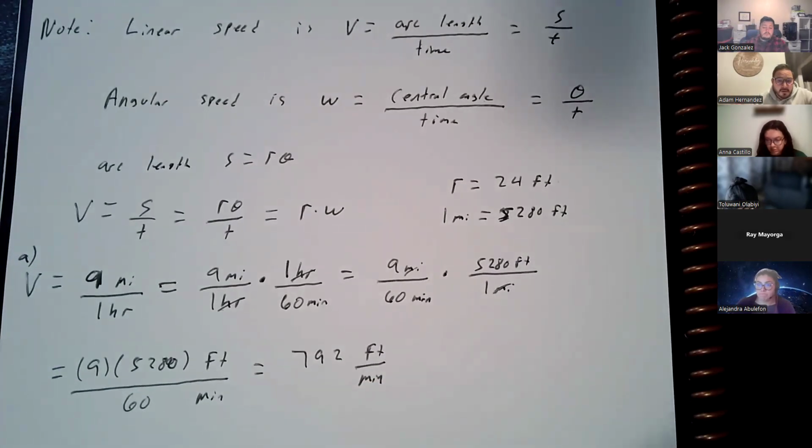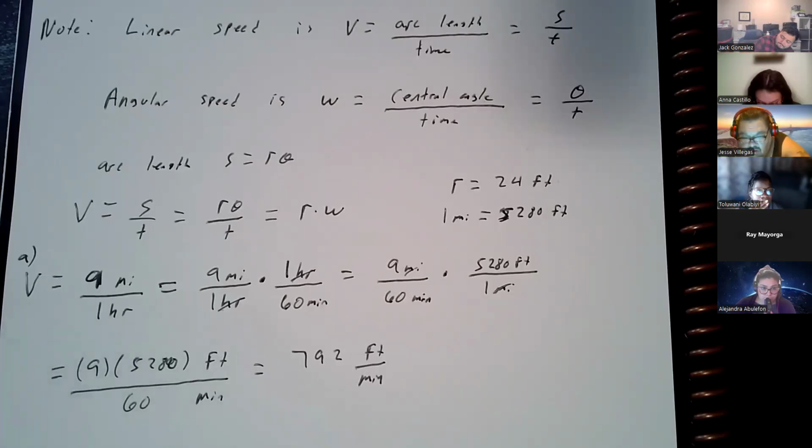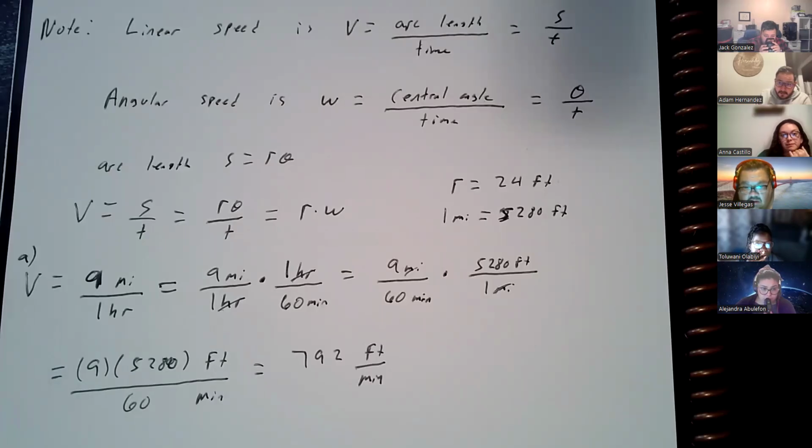All right, so there we got V, and we got the units we wanted. What are we solving for again? Why am I doing this? To find the angular speed of the wheel per minute. So what variable are we trying to find? I think we're trying to convert the hour to minutes, I believe. Yeah, we converted for a reason, right?